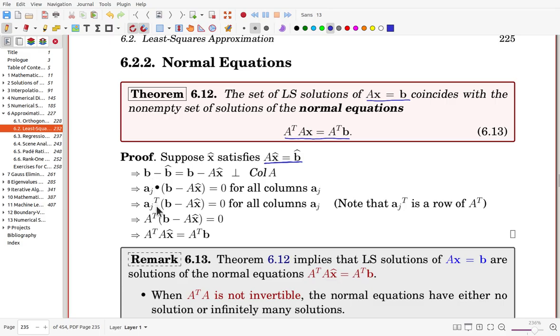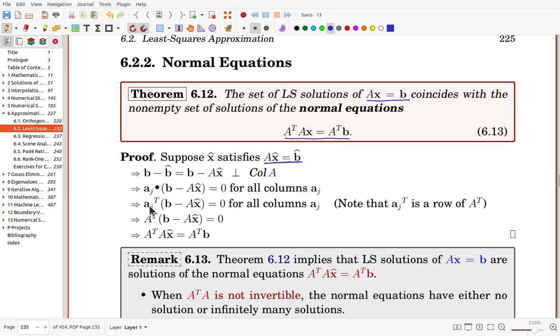Rather than dot product notation, we may consider the vector transpose, and it is the same. Now we try to combine every vector. So rather than a single column vector, we consider the whole matrix.